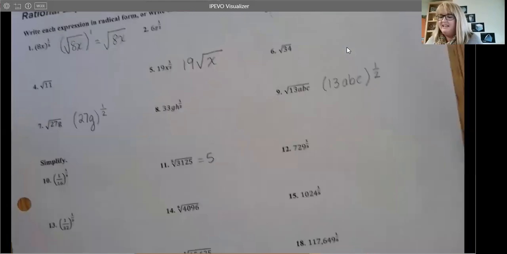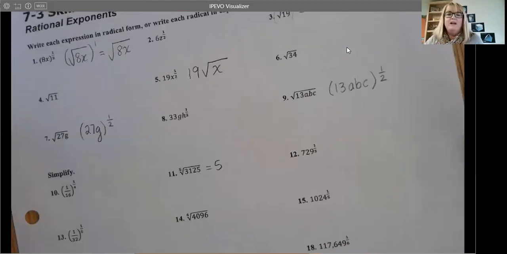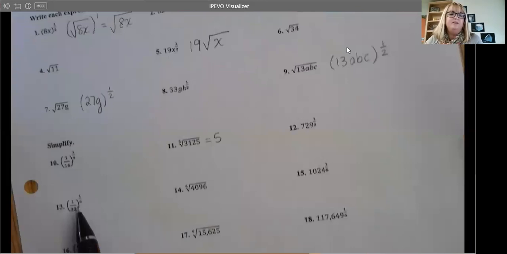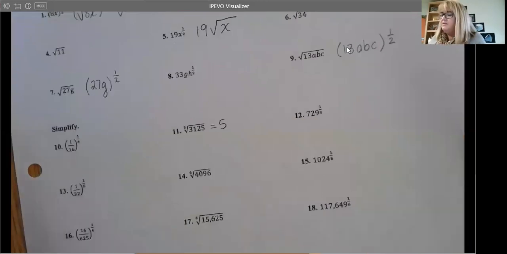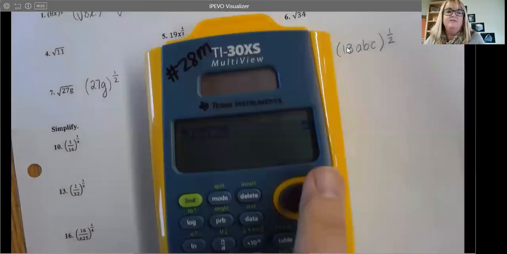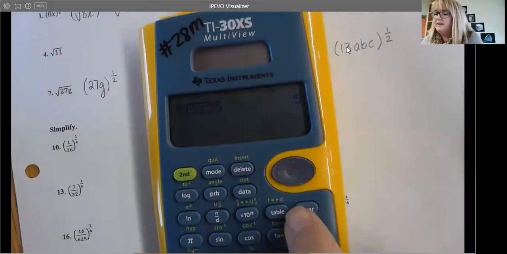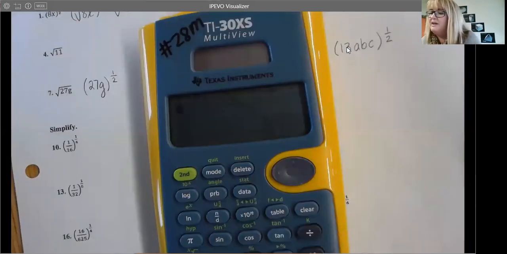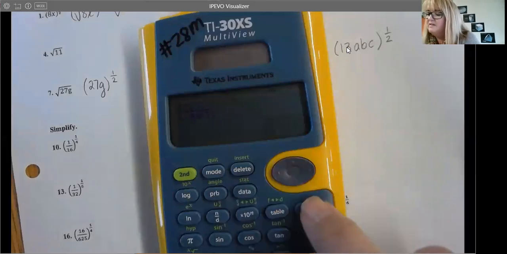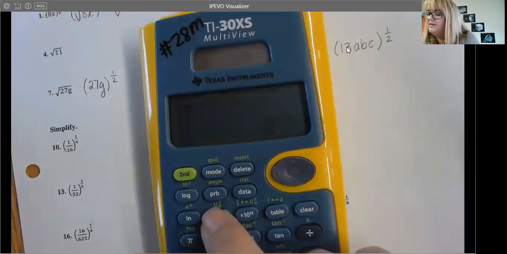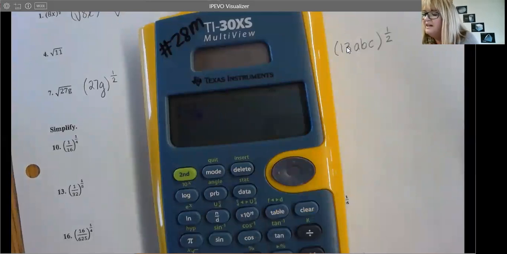All right, 13 is 1 over 32 to the 1/5 power. You could actually use your calculator for this. So we are going to do, I would put it in parentheses, 1 over 32, raised to the 1/5 power.